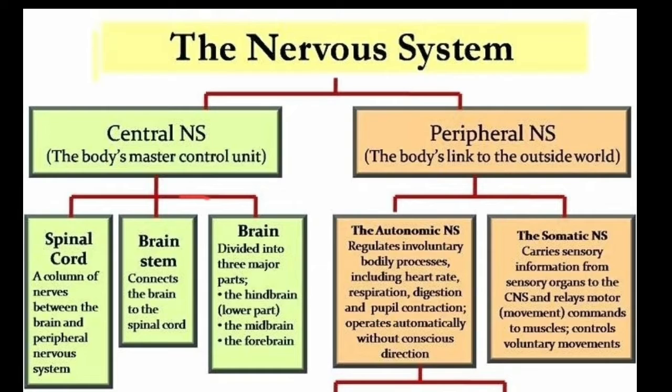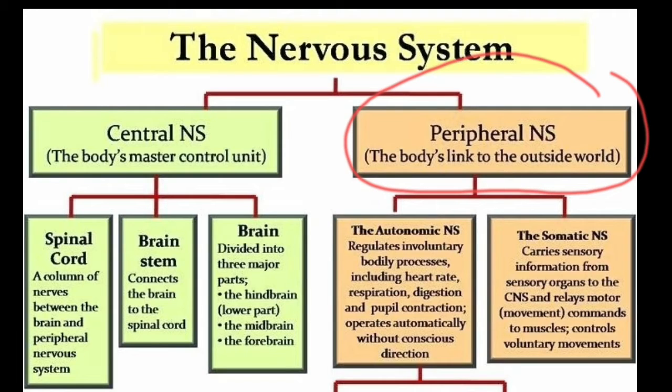And then the brain stem connects the brain to the spinal cord, and the brain is divided into three major parts: the hindbrain, that is the lower part, the midbrain, and the forebrain. An elaborated structure and function of the brain will be discussed in the following sessions.